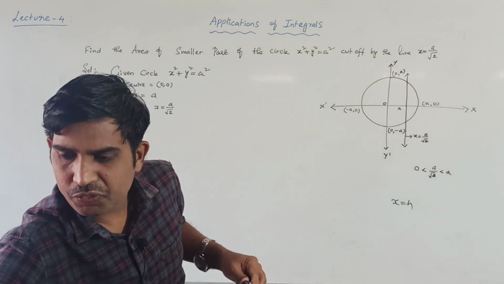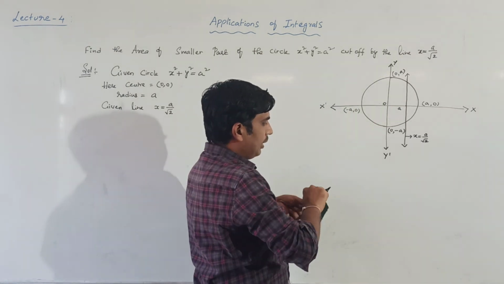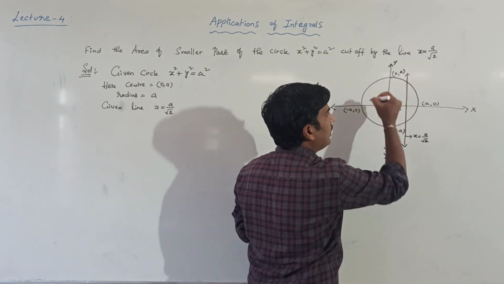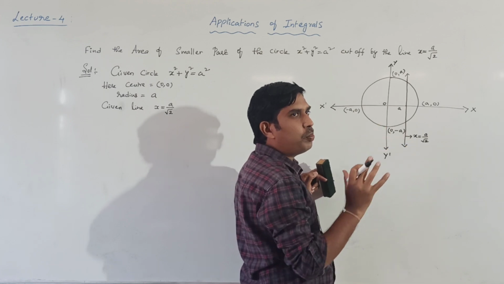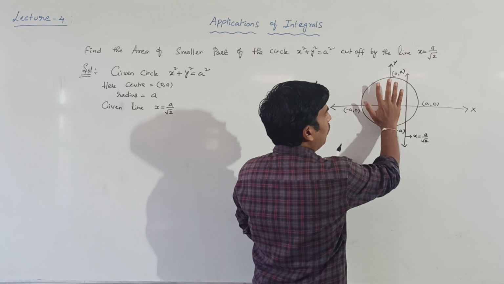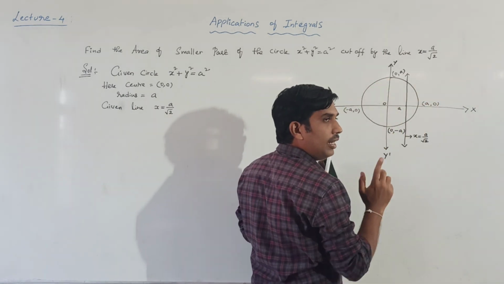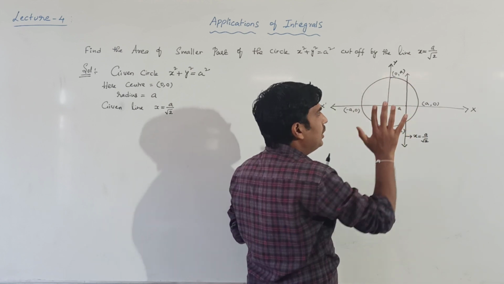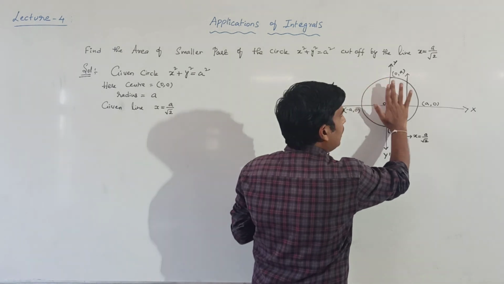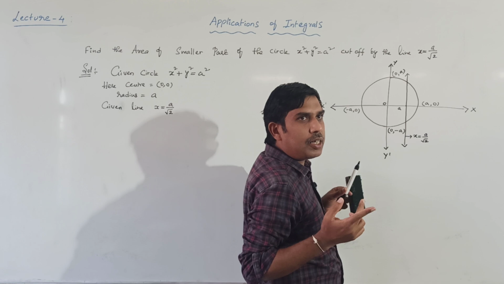Now if you observe, this line cuts the circle so that it is divided into two parts. This is one part, this is one part. Among the two, which is the smaller part?